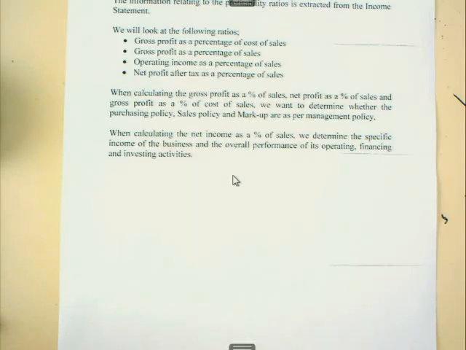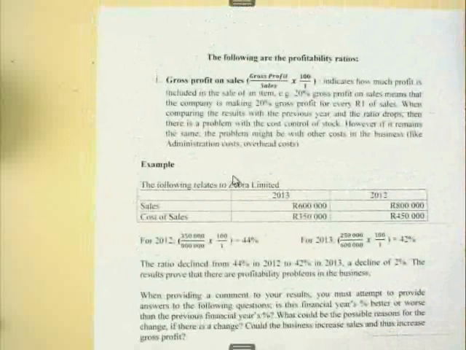There, we only want to determine the purchasing policy, the sales policy, and the markup as per management policy. The one that deals with net profit after tax determines the specific income that comes into the business and its overall performance across the operating, financing, and investing activities. It's so important that we look at these ratios individually.